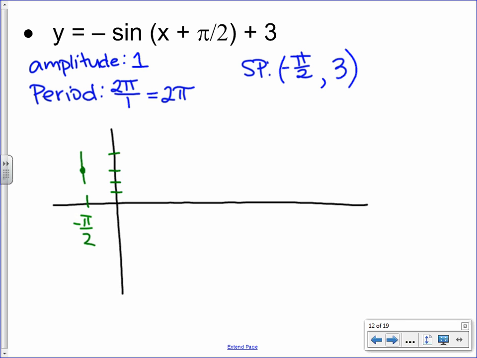How long does it need to be? It needs to be 2 pi in length. So if I'm over here at negative pi over 2, and it needs to be 2 pi in length, where is it going to stop? 3 pi over 2. There's our frame.